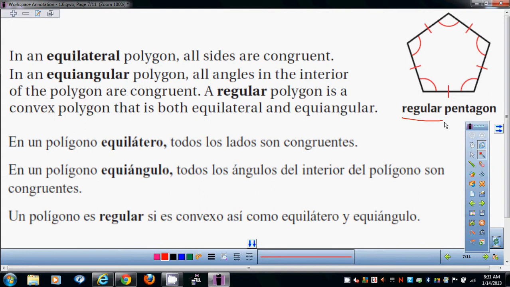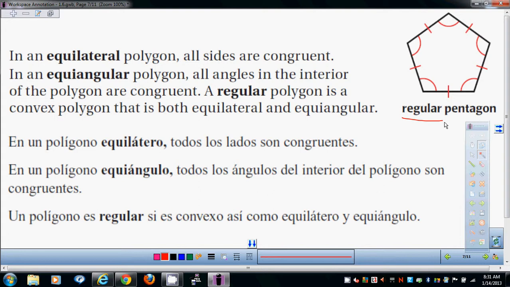Now, regular is like the sly dog piece of vocabulary of the day. That's the word they're going to slide into your directions. And because you've dealt with the word regular your whole life, you're not going to think much about it. But regular is going to provide you a huge hint today. Anytime you see the word regular, you should know, oh, that means all the sides and all the angles are congruent. So, we're going back to our hand gestures from last week. If all the sides or angles are equal, guess what you're going to do with them when you have to solve for pieces?